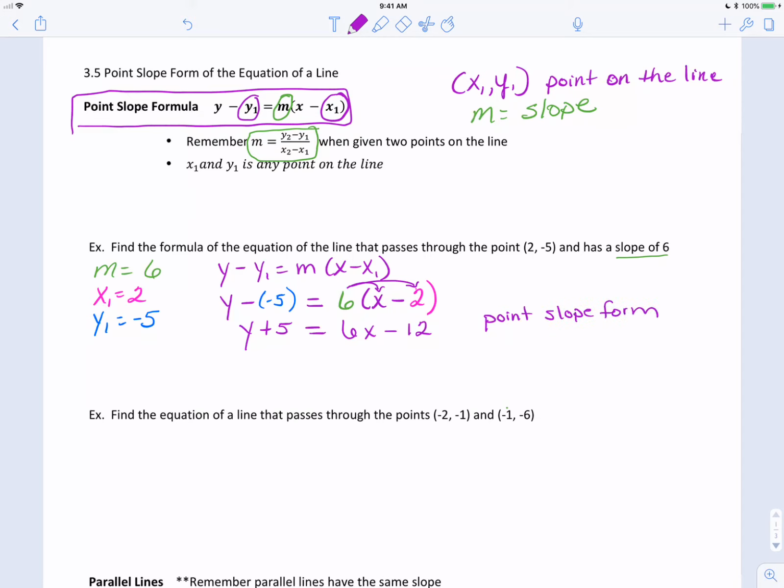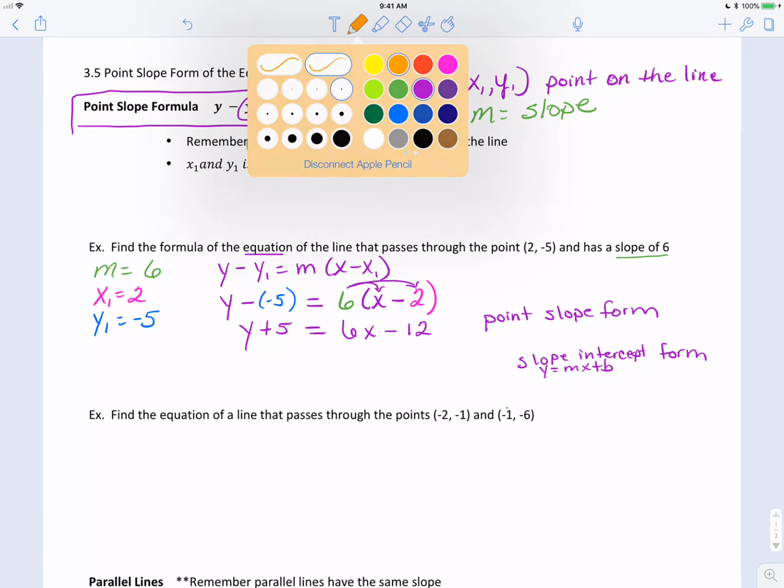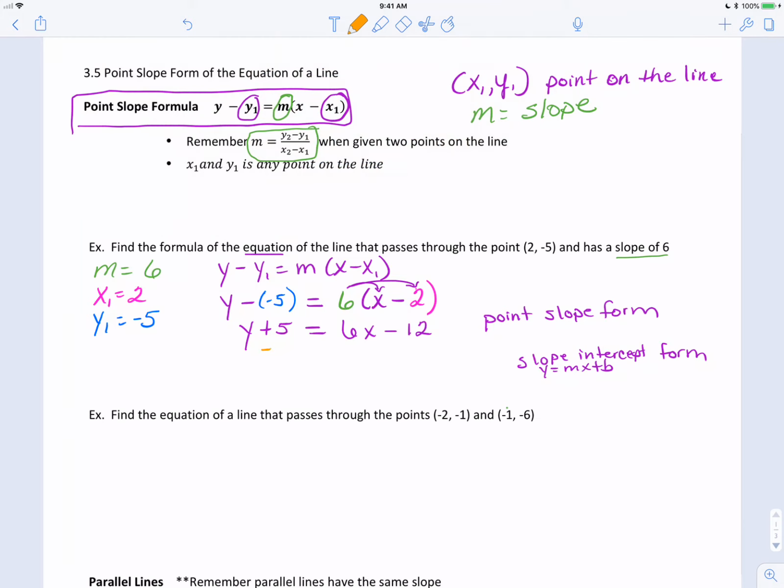So that is the point-slope form of this line. Now we'll come up with the actual equation, y equals mx plus b, which is slope-intercept form. Remember, in slope-intercept form all we did was solve for y.